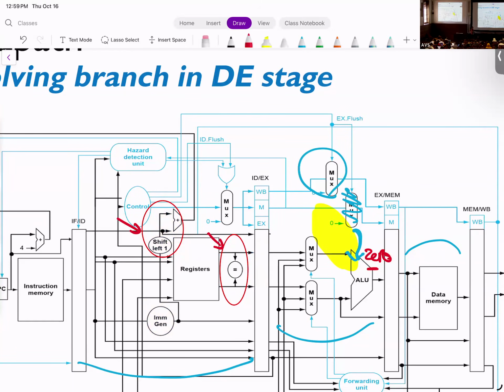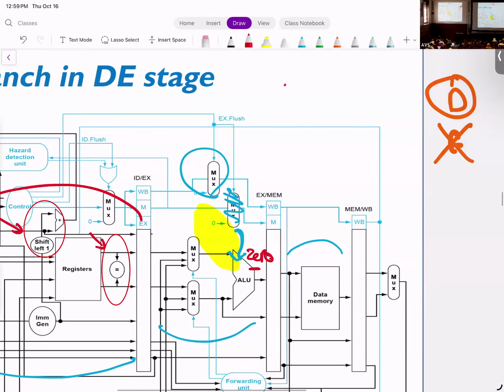One last question. It does increase the critical path for the decode stage. But remember, the clock cycle was decided as the max of all the stages.